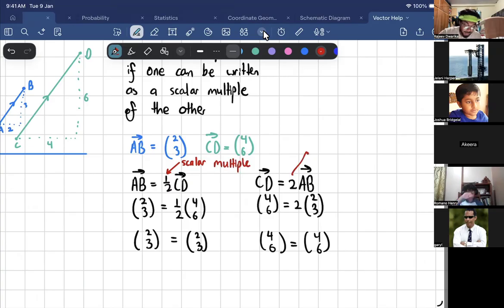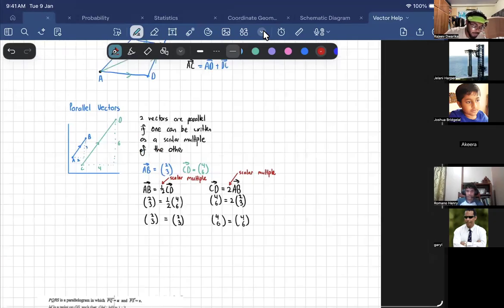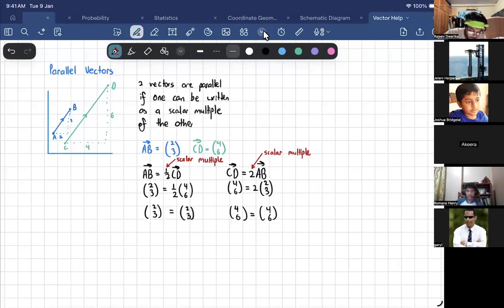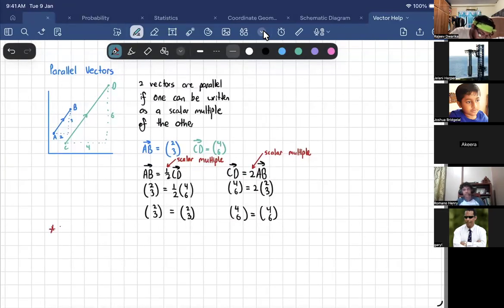And as you can see, we're multiplying AB by 2. So I'm going to give you guys some vectors, and I want you to tell me if they are parallel. Now I'll make a little note here. 2 vectors can be parallel, but not collinear.